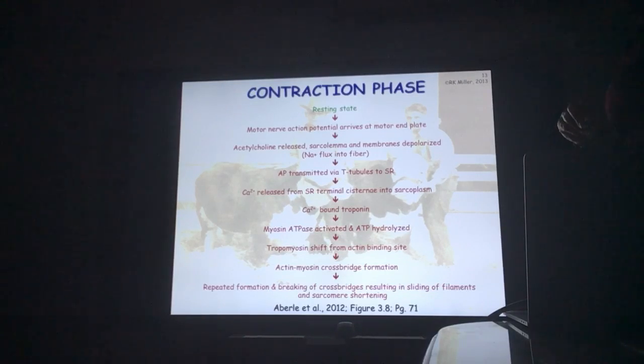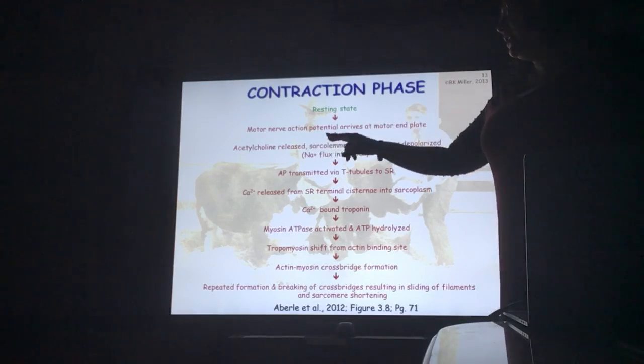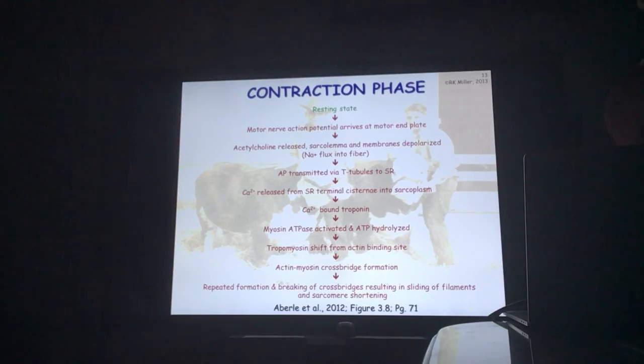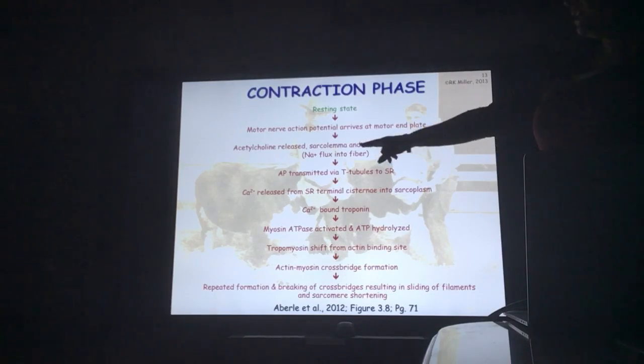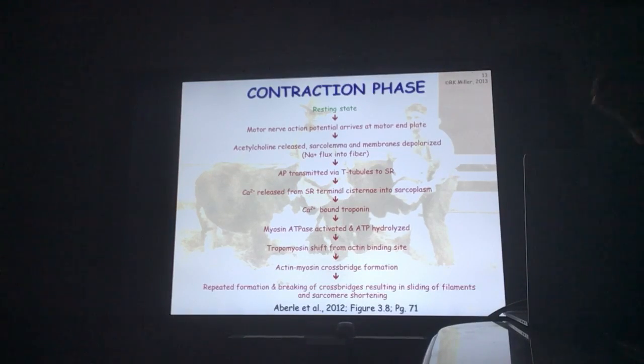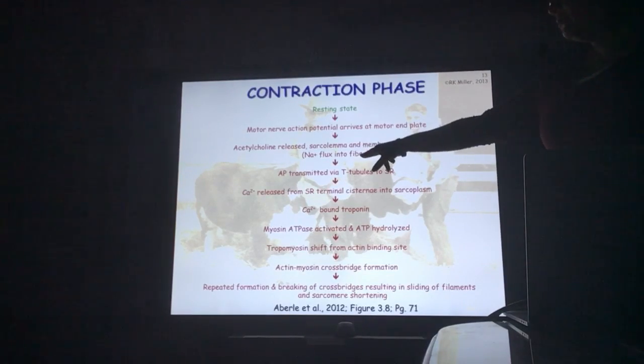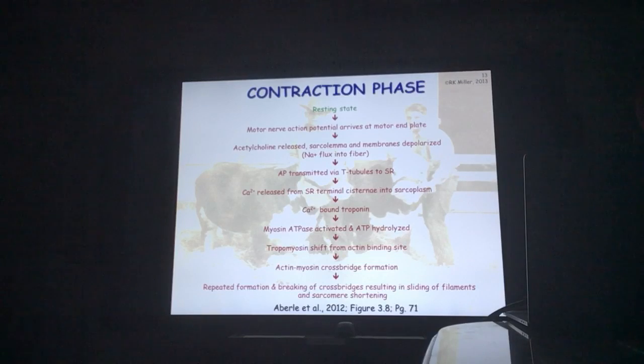That calcium flux causes acetylcholine to be released from the synaptic vesicles into the synaptic cleft. Then acetylcholine binds to the receptor site on the sarcolemma, which is a sodium channel, and sodium fluxes into the fiber and the membranes are depolarized. Or in other words, the action potential is transferred.